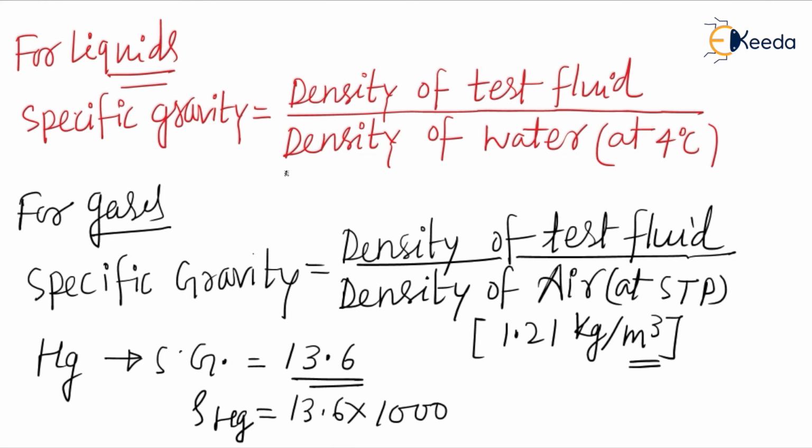Now what is 1000? 1000 is the density of water at 4 degree centigrade, which all of you know, right? So like this, there will be many test fluids, many oils used in industries, which you should know. So we need not remember the density of anything, just specific gravity will be the term given, and you can approach the problem.